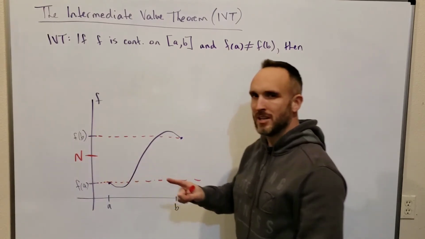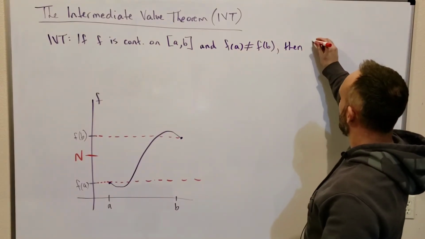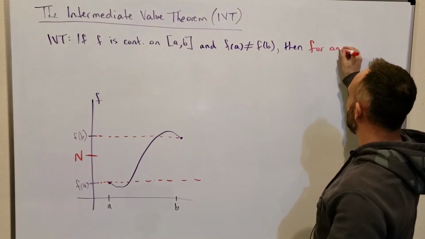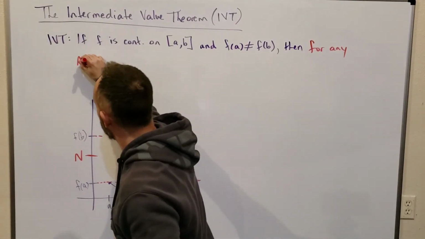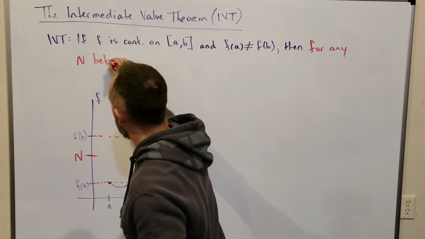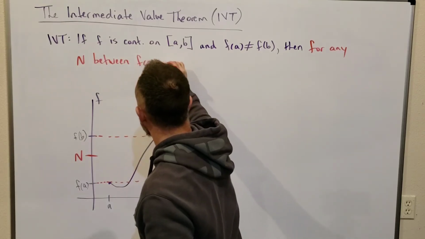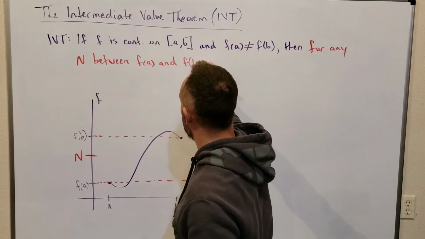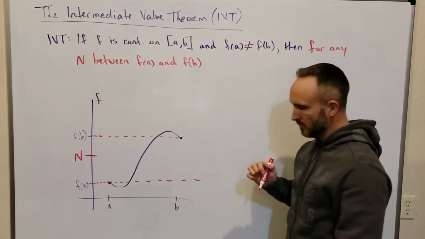So what the intermediate value theorem says is that for any n, which is a y value, between f of a and f of b, right? So you can pick any n you want there.